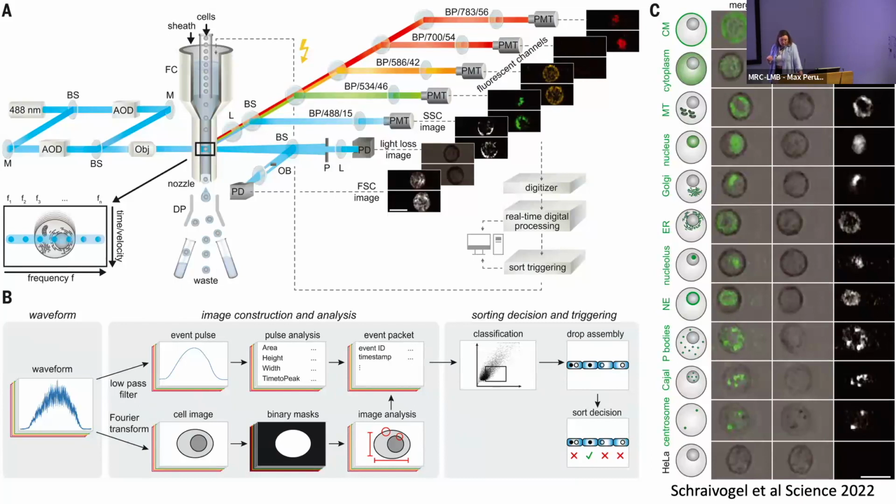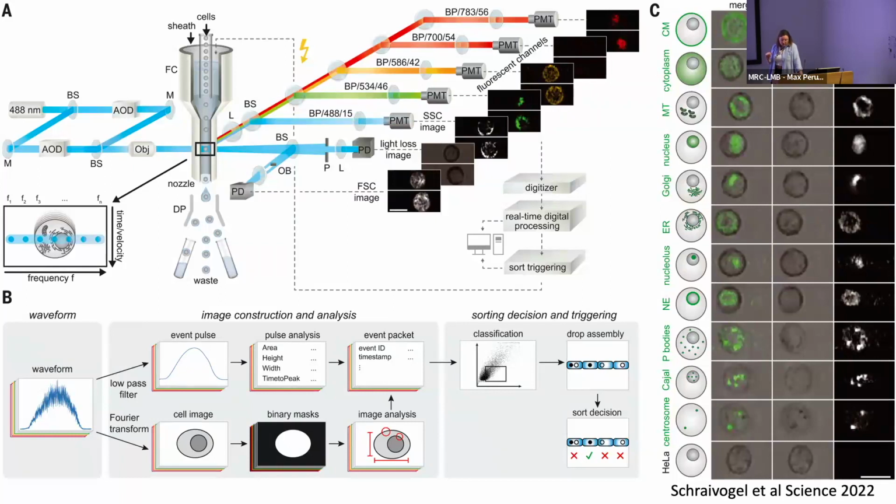There is an acousto-optic deflector, and it splits the single laser beam. In this case, the laser is a 488 nanometer laser, so there's only one imaging laser. It splits it into an array of beamlets, each having a different optical frequency and angle.